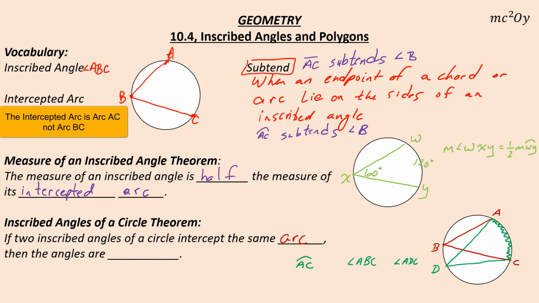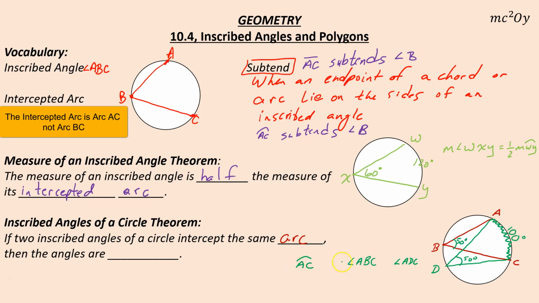Okay. Therefore, since they intercept the same arc, these two angles must be congruent. So for instance, if arc AC was, say, 100 degrees, that would mean angle ABC is 50 degrees. And since ADC intercepts that same 100 degrees, ADC would also have to be 50 degrees.